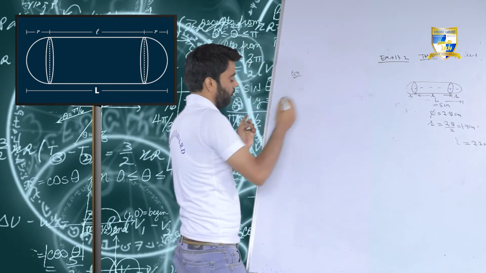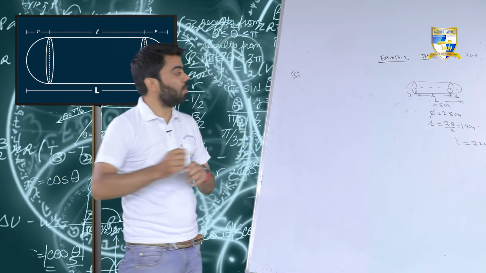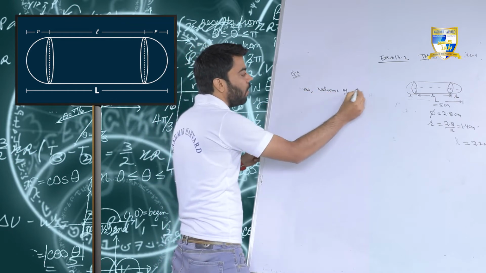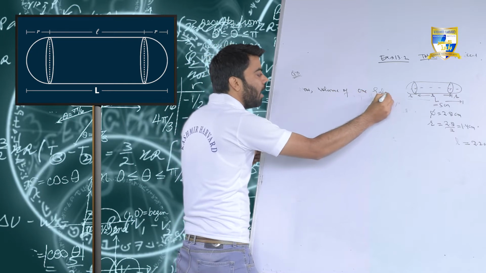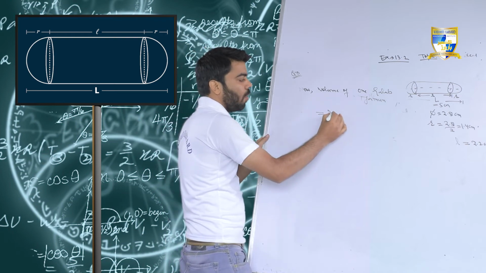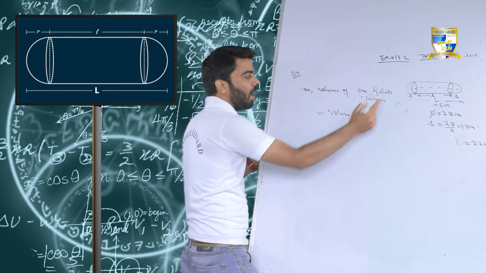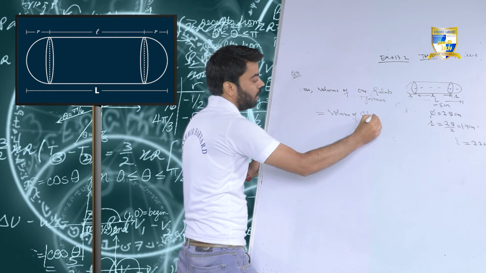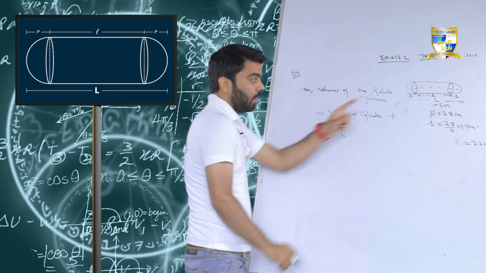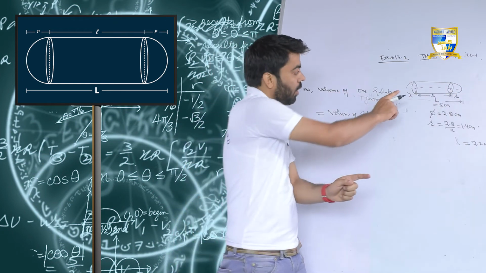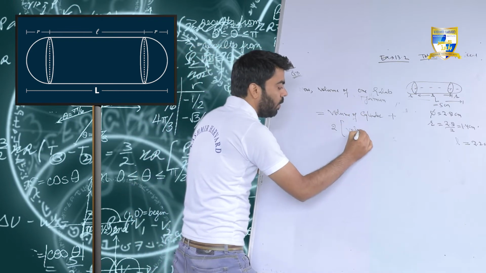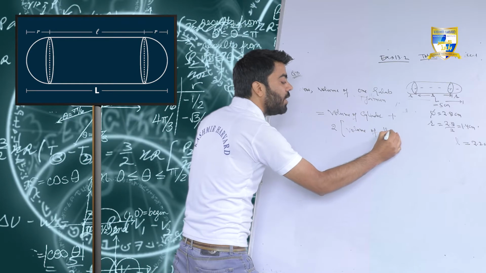Now, the volume of one gulab jamun is simply equivalent to the volume of the cylinder plus twice the volume of a hemisphere, because two hemispheres are there, right guys?